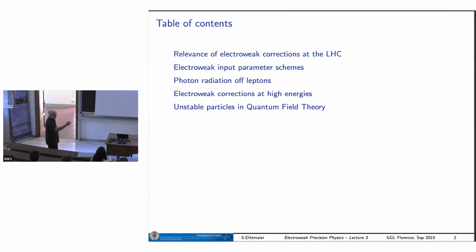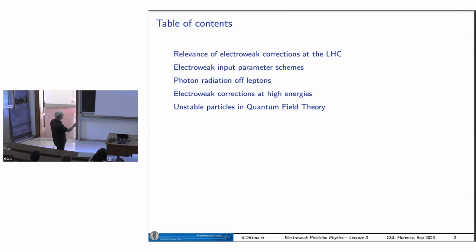And one thing, I think also Ilaria will take care of this, are input parameter schemes. You have to open this kind of can of worms again. What kind of parameters do you take from measurement and plug in as an input in your predictions? Because the size of the correction sometimes depends very sensitively on it.